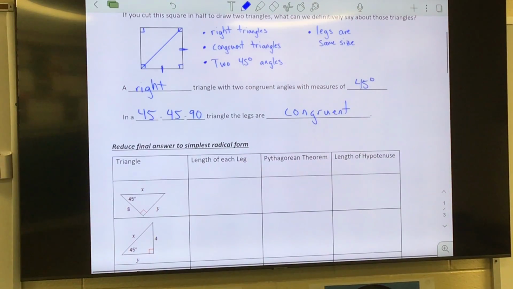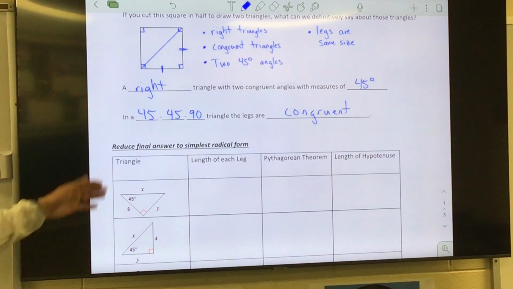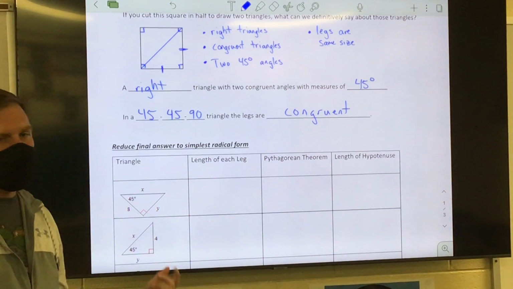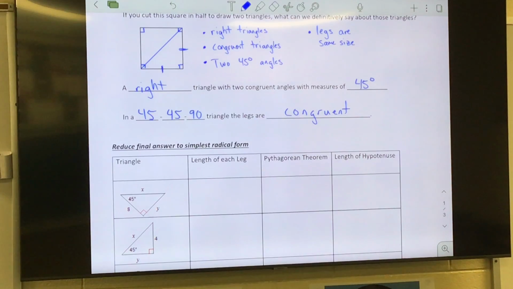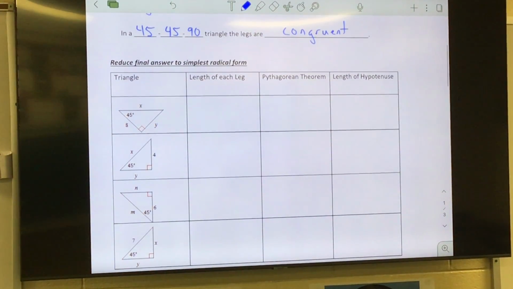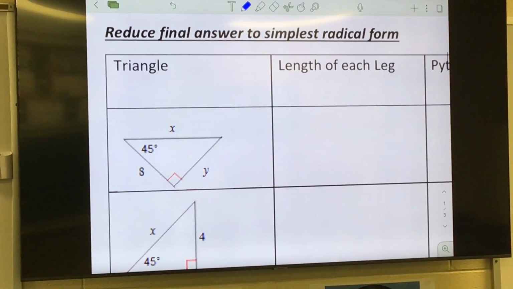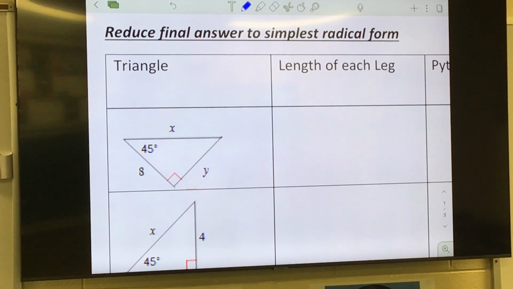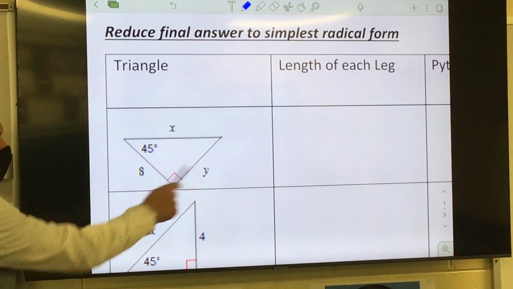Okay, so we are going to go through this chart looking at 45-45-90 triangles, and we're going to determine the length of each of the legs, based on that information above, what we already know. So in example 1, in this first triangle, you have 8, then a missing value y, and a missing value x. Which ones are the legs? 8 and y are the legs.